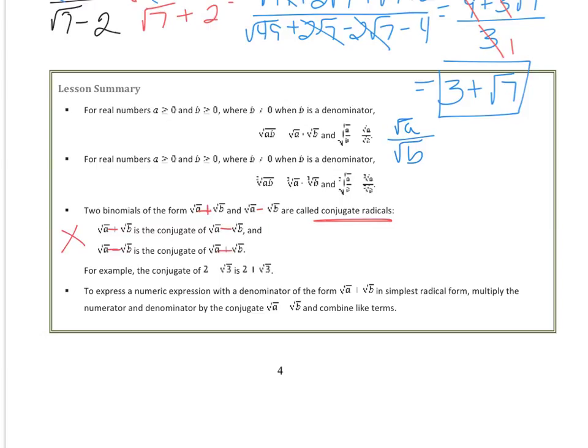Now if you have one radical only, and it's 2 minus radical 3, the conjugate would be 2 plus radical 3. And we've gone over conjugates. So a way to eliminate the radical in the denominator is to multiply by the conjugate, especially if it's a binomial. But whatever you do to the bottom, you have to do to the top.